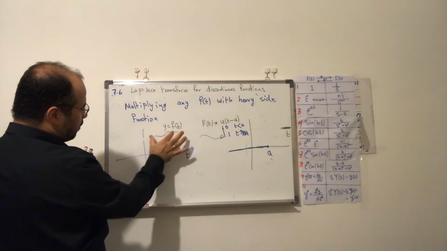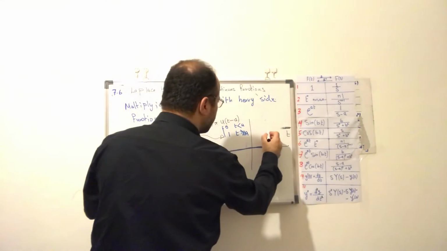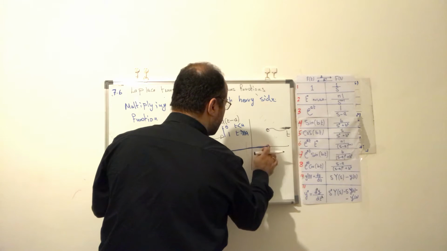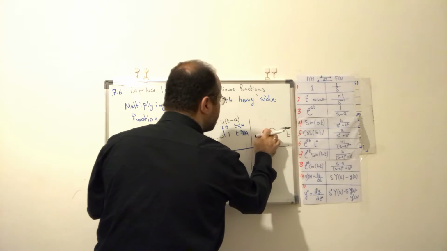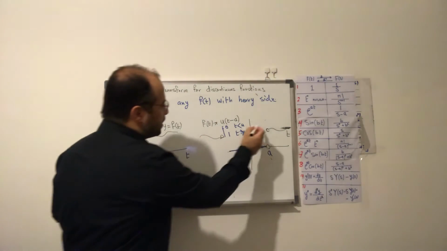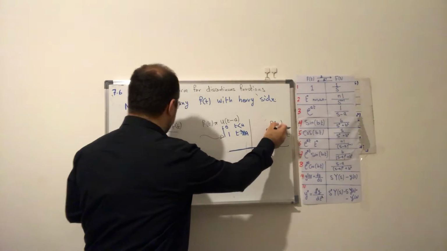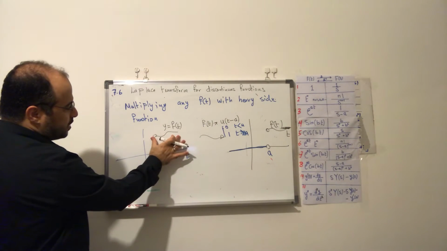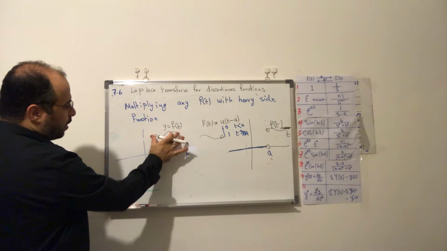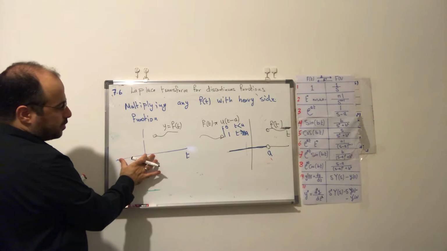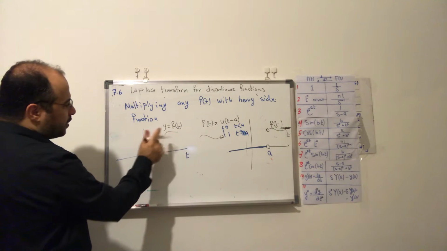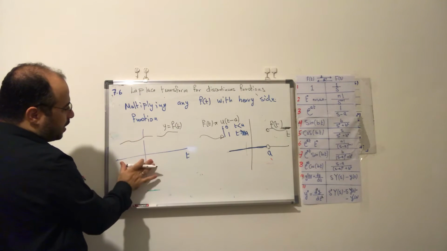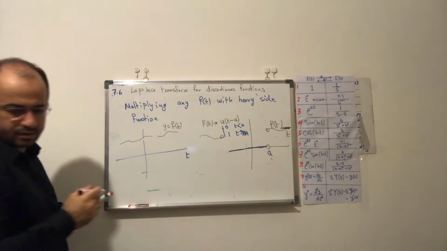This becomes 0 and you're going to have only that part of the function, but here you're going to have a discontinuous point. So f of t is just this part, because this part you multiply with 1, but that part you multiply with 0. The function was like this, and then you kill that part and you keep that part.